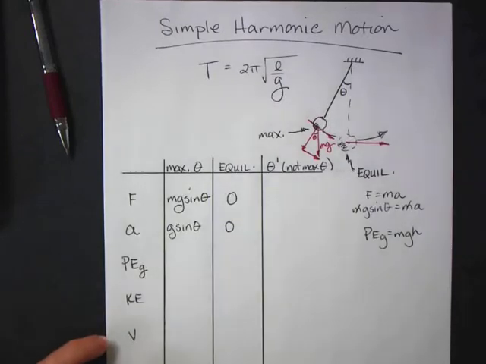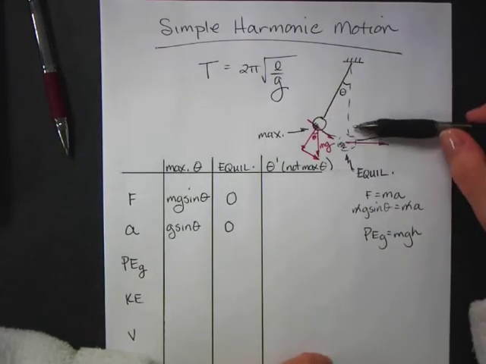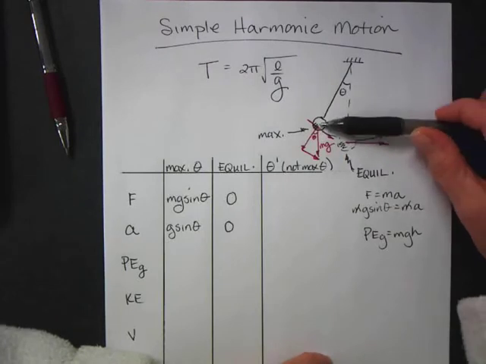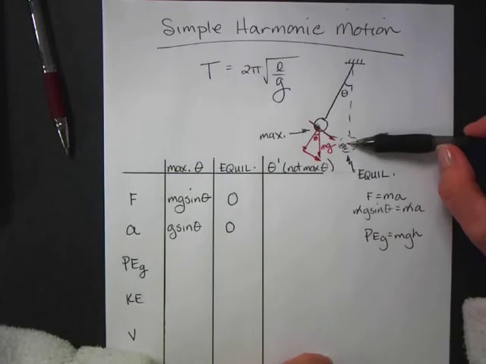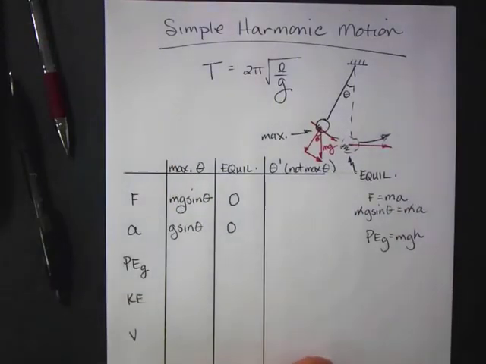Now the height is, sorry, got to move the butterscotch. The height is this distance right here. It's the difference between the center of mass when it's at its maximum angle, theta, and the center of mass when it's actually at the equilibrium position.